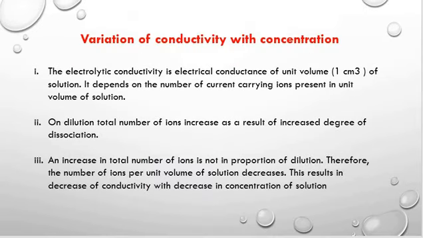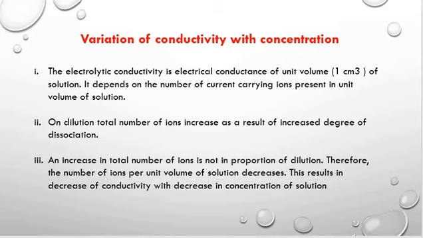Now, variation of conductivity with concentration. The electrolytic conductivity is the electrical conductance of unit volume of solution. It depends on the number of current carrying ions present in unit volume of solution. This is what we have learnt.